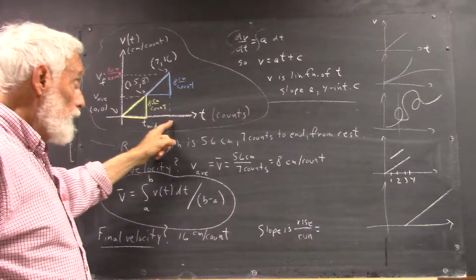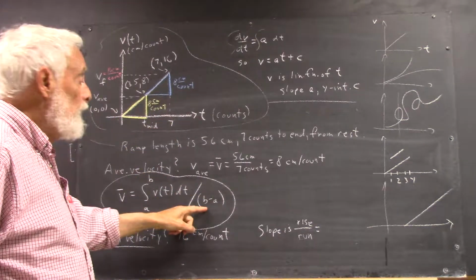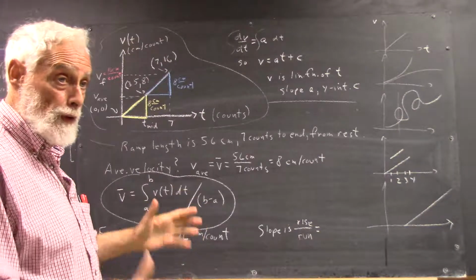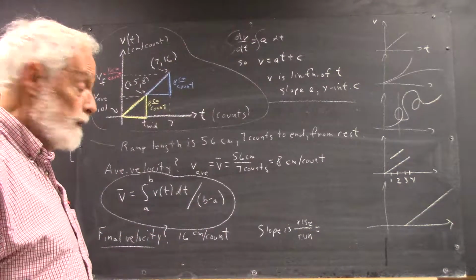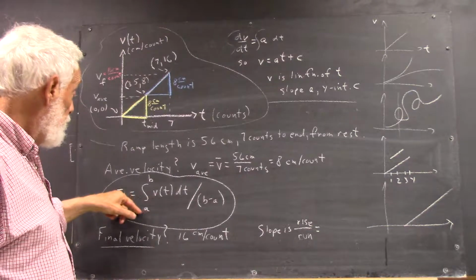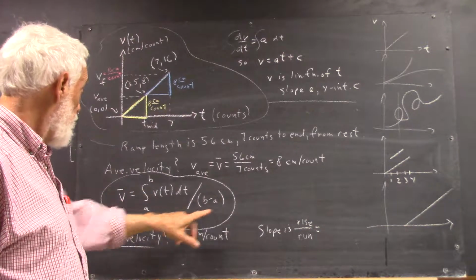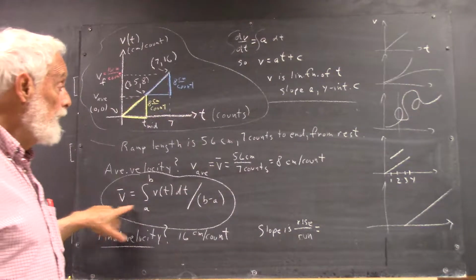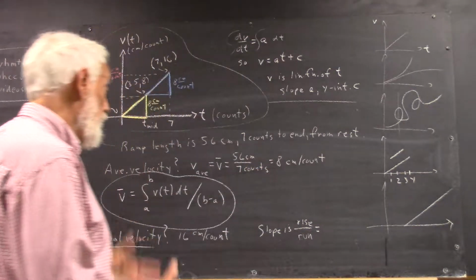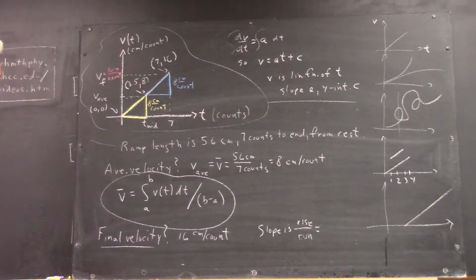That's how long the interval lasts. That's the duration of the interval, or in general, the length of the interval over which you're integrating. So if you integrate v of t from 0 to 7 counts, whatever the v of t function is, and divide by this, you're going to get the average velocity, and you would get 8 centimeters per count if you have the right velocity function.